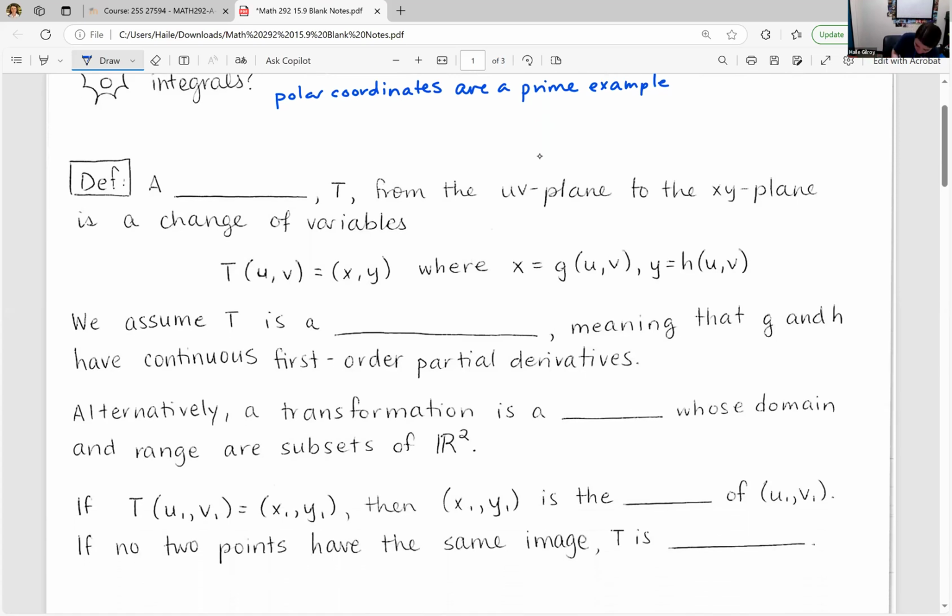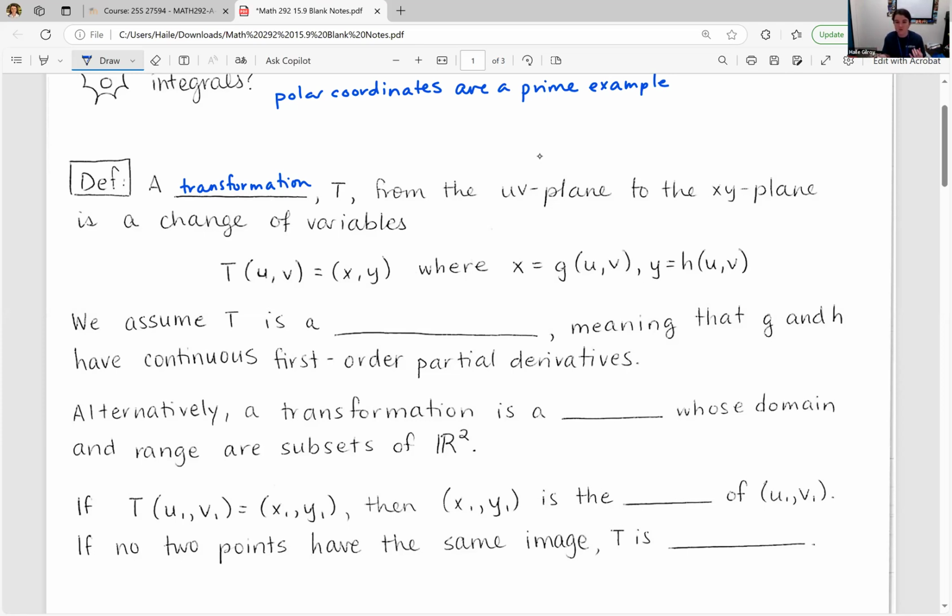So we're going to start with a transformation. What is a transformation? Basically, when you want to do a transformation, you're trying to take some multivariate plane, call it the UV plane, and change these variables over to x and y, for example.